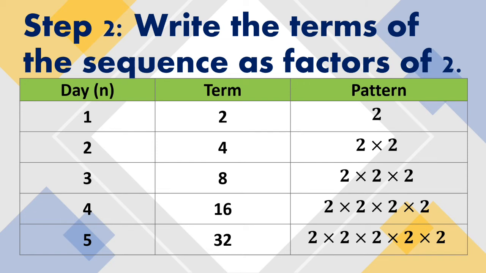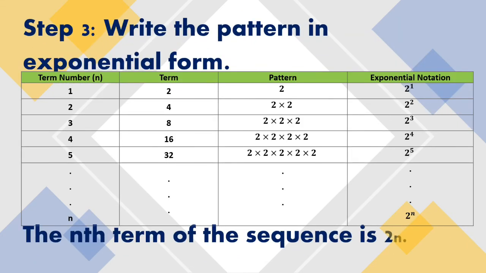For our third term, we are going to multiply 2 times 2 times 2. For number 4, we have the term 16 by multiplying 2 times 2 times 2 times 2. And the last term will be 32 by multiplying 2 times 2 times 2 times 2 times 2.